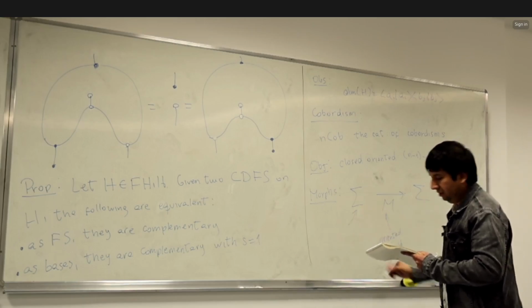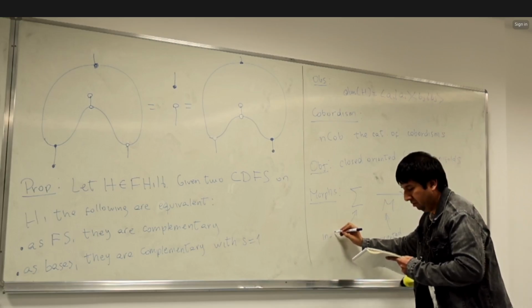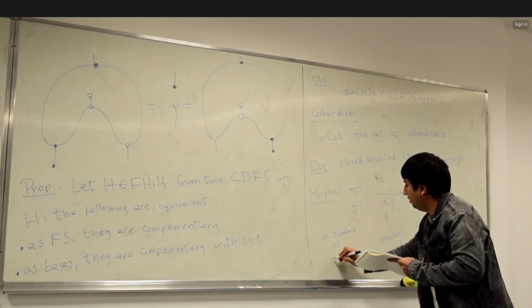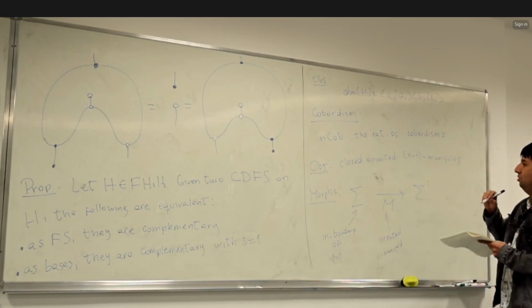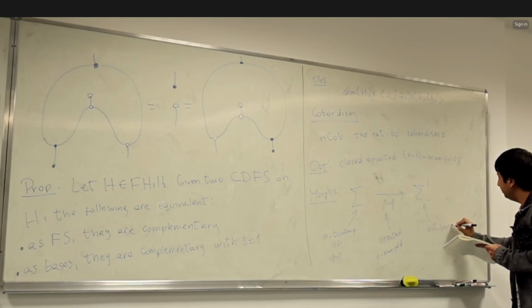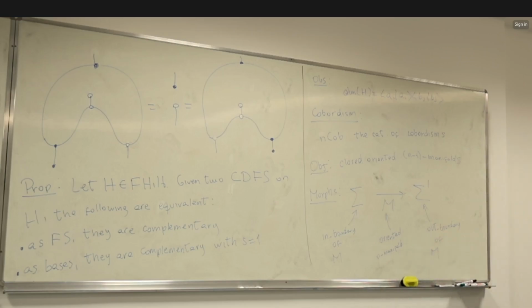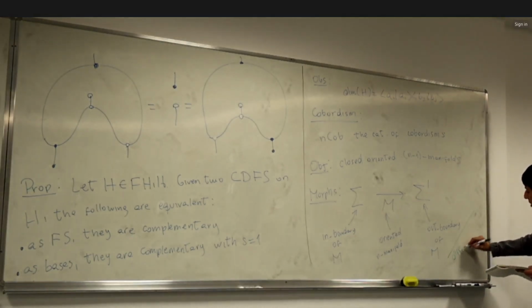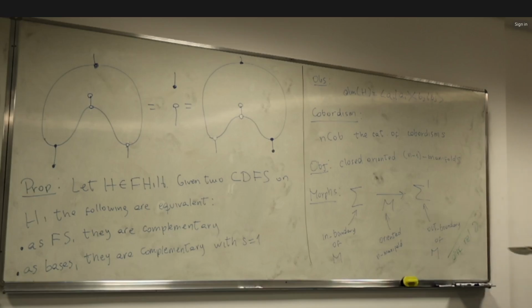Sigma is the in boundary of M. Sorry, sigma prime is the out boundary of M. Well, this is considered just up to diffeomorphism rel the boundary.